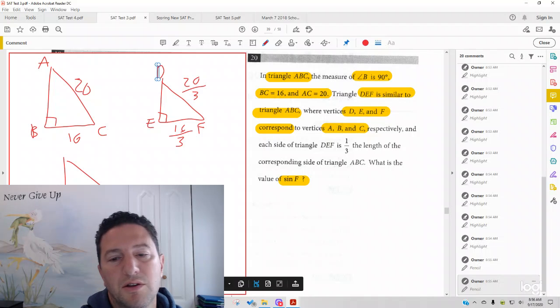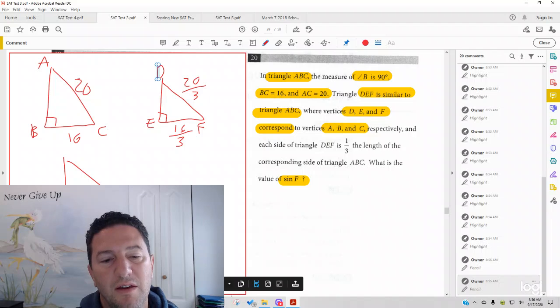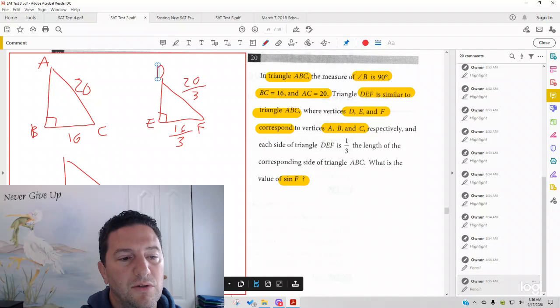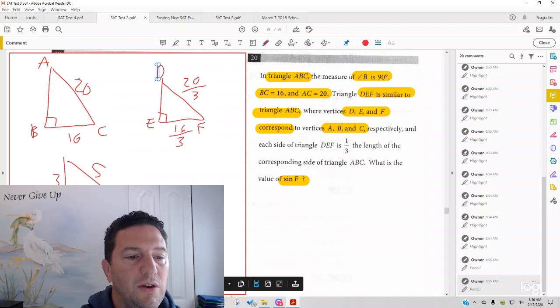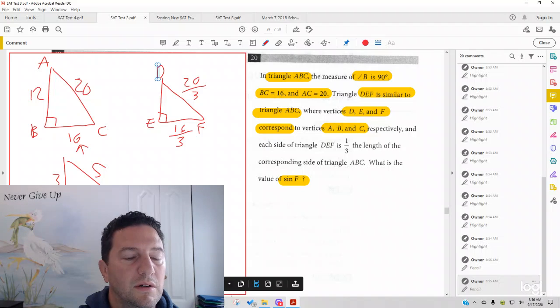But what you might see is, I'm going to draw one more triangle here. Anyway, here's the shortcut. If you're looking for the sine of F, it's opposite over hypotenuse. It's going to be the same as the sine of C. Here's your 3, 4, 5 triangle, and triangle ABC is 4 times it. So 4 times 4 is 16, 5 times 4 is 20, 3 times 4 is 12.